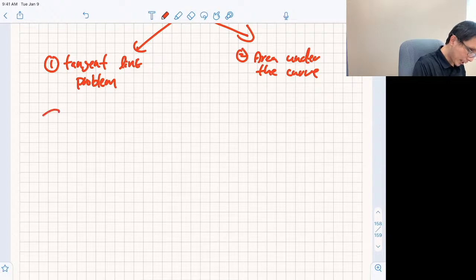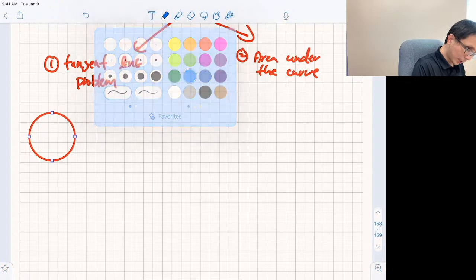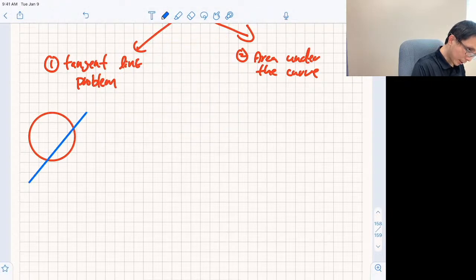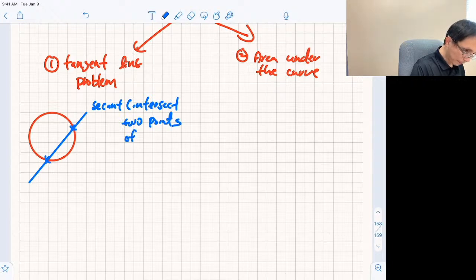A secant line intersects a circle at 2 points. So 1 point here, 1 point here. We call this a secant line. So it intersects 2 points of the function.